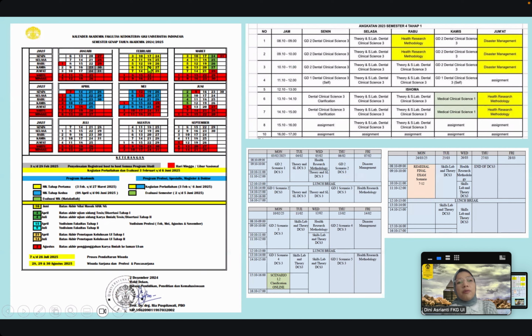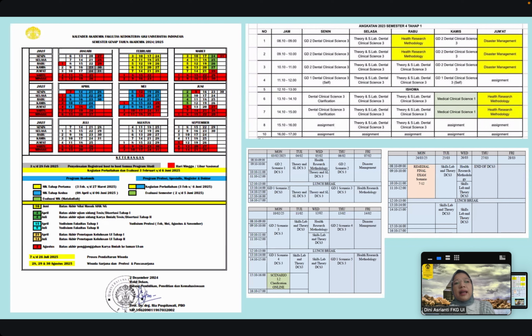If we begin on 3 February for the GD2, the group discussion 2, hopefully we can finish it on the 21st of March. So it will be less than 8 weeks, because it also consists of the exam as well as the remedial. Hopefully there's no remedial like the last one that we had.